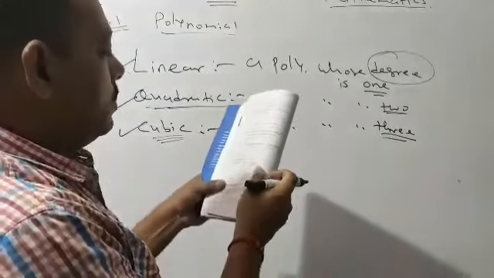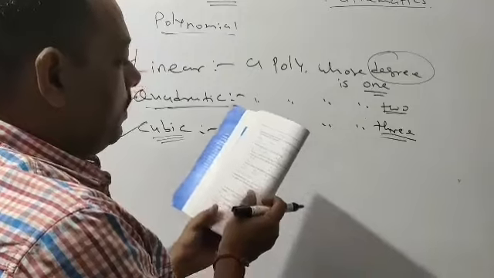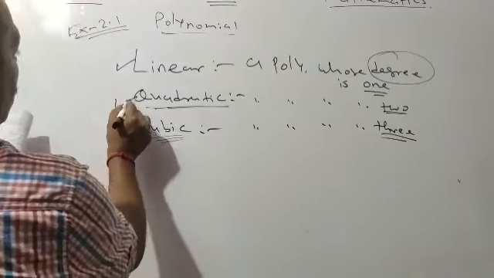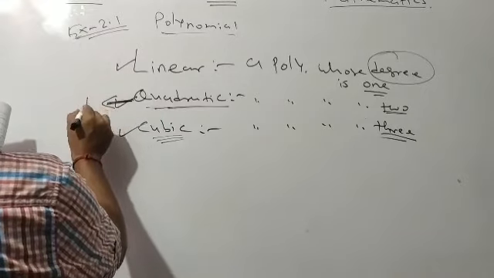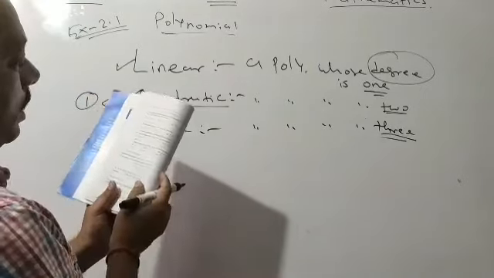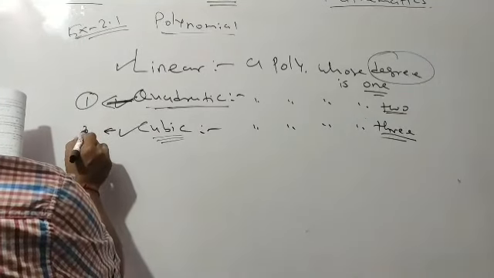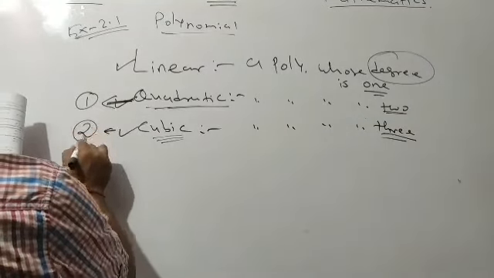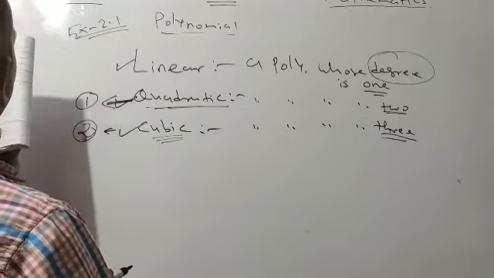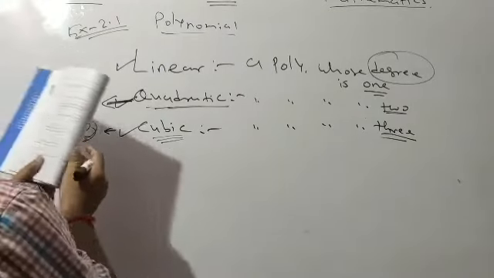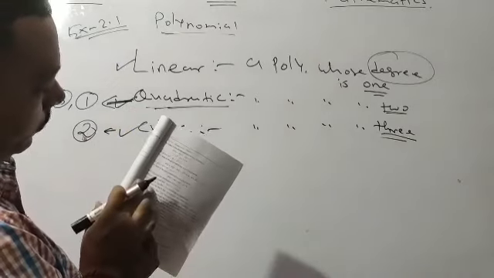Now in the first question, the highest power is 2, so question 1 is quadratic. In the second one, the highest power is 3, so the second one is cubic. Then the third is again quadratic as the highest is 2.